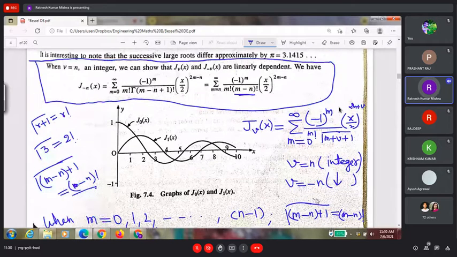Therefore, we will start from m equal to n to infinity, with factorial m and factorial m minus n, x by 2 to the power this one.